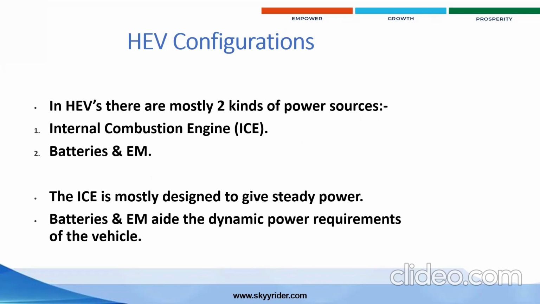Okay, then the IC engine is mostly designed to give steady power. Here in HEV, if you see, HEV is categorized into different types: full hybridization, mild hybridization, and micro hybridization.